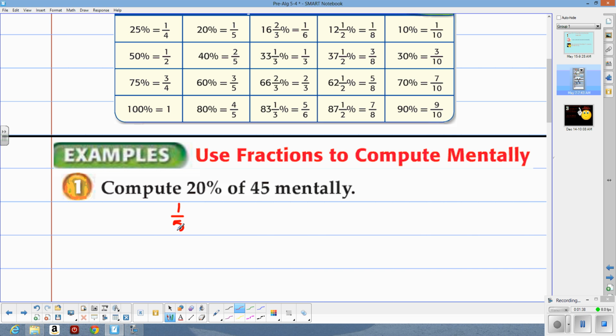So 1/5 of 45, if you want 1/5 of something, it means to divide it by 5. So 1/5 of 45 is equal to 9. So 20% of 45 is 9. So this is what I would like to see for your work. Show me what fraction you changed the percent to.